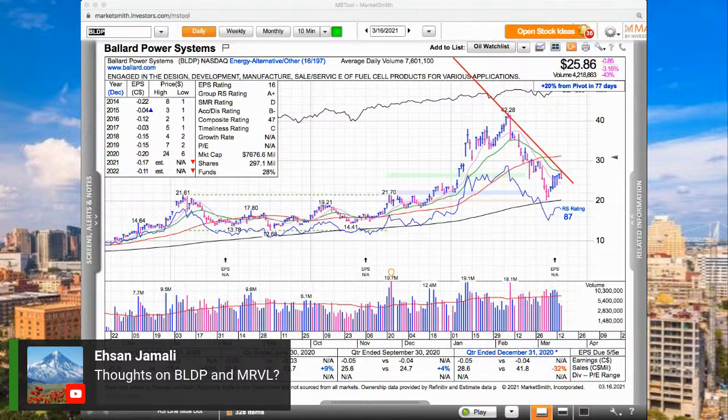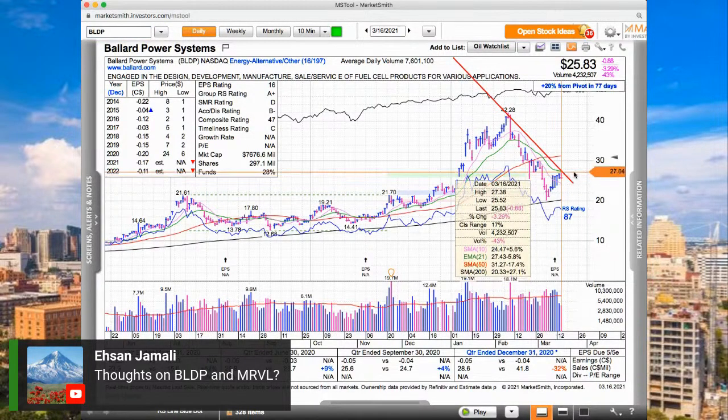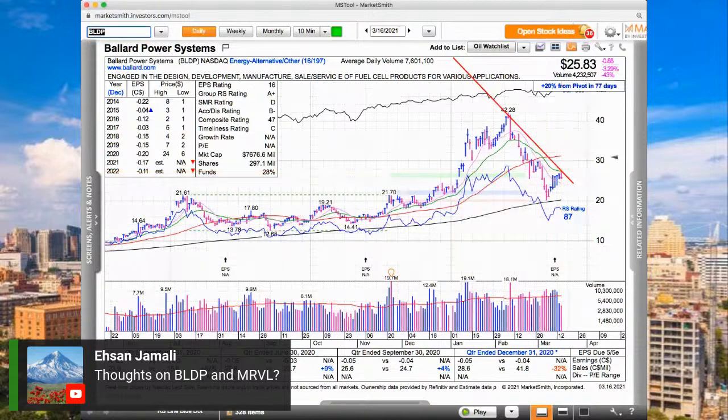So with Ballard, basically what we're going to have to do is wait for a reversal above the 21-day line, and that 21-day line is 27.30.